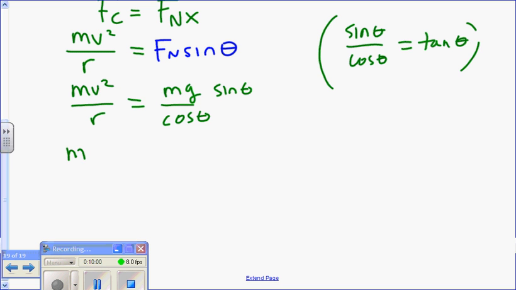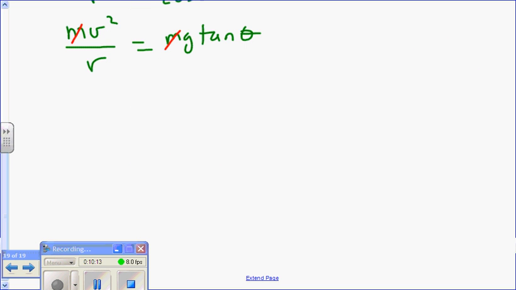Therefore, mv squared over r equals mg tan theta. Cancel the m's. And you end up with really the equation you most frequently use related to banked curves.